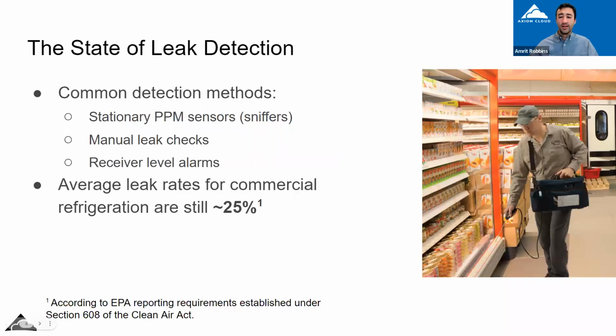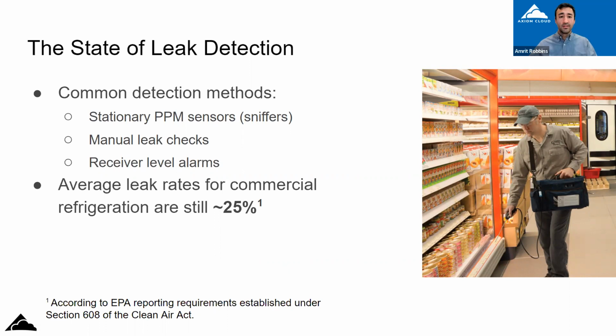Basically, right now we're still getting through the part of setting the table here. We're talking about the current state of the industry before we can get into using data. So today, the state of leak detection is obviously the worst case scenario is that you're having case temperature alarms, right? That's where you're already out of gas. You're in a really critical situation. But ideally, folks are not getting there as often today.